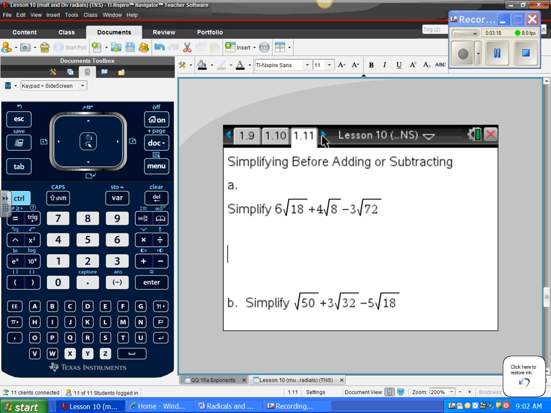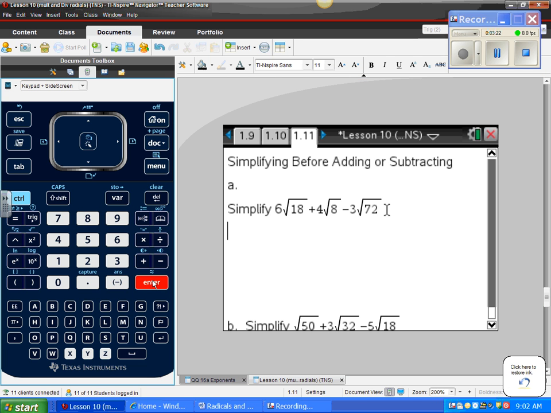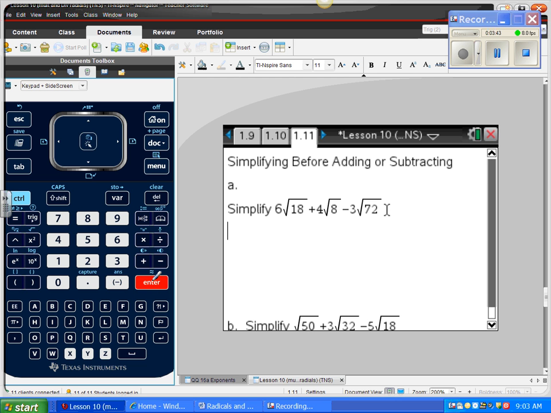All right, so what happens when we don't have like radicals, but we still want to add or subtract? You have to look at the radicals you have. What do you notice about these ones? Yeah, they're all multiples of 2, which means they can be simplified, right? And when we simplify those out, the goal is to hopefully get like radicals so that we can add and subtract, okay?